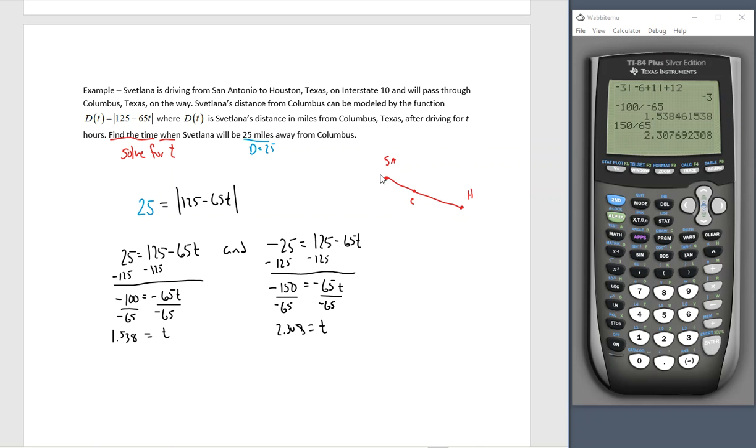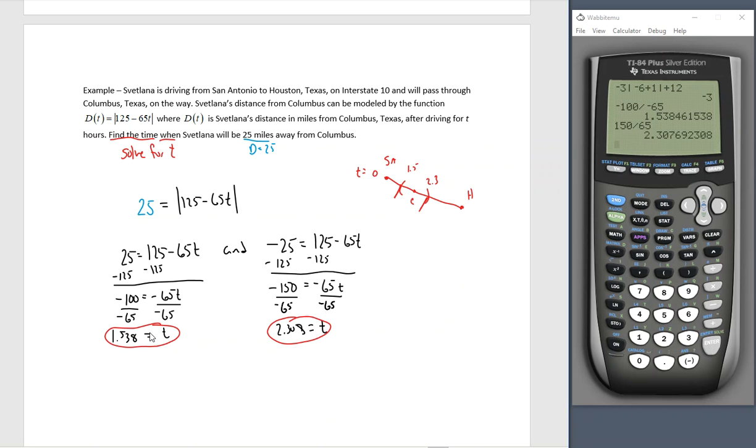She's leaving San Antonio, and by the time she gets to Houston, so this is time 0. At Columbus, she could either be 1.5 hours into her journey or 2.3 hours into her journey, and she is exactly 25 miles from Columbus. So the answer makes sense. It seems reasonable, both sides of Columbus having left San Antonio to get to Houston.